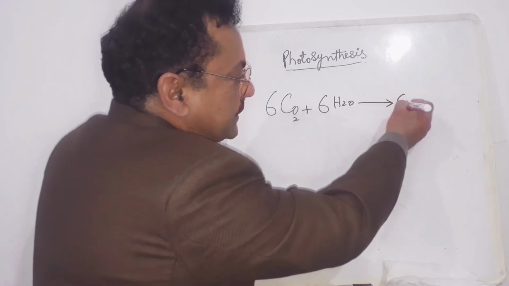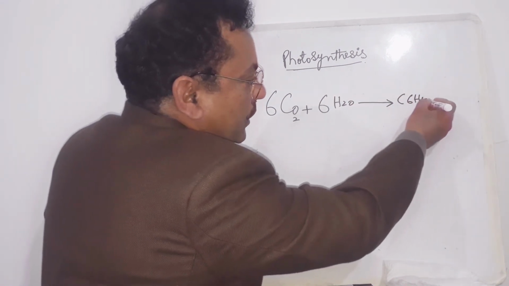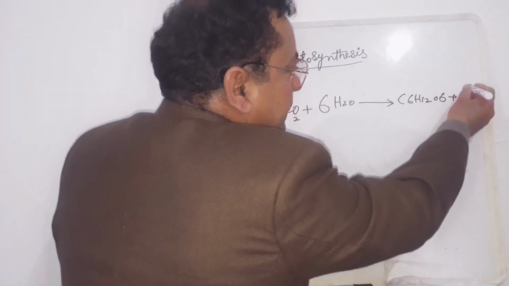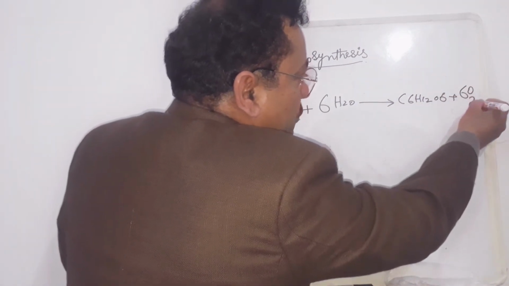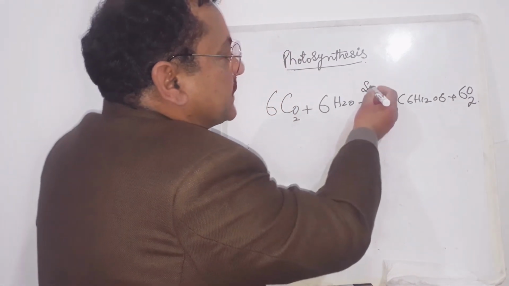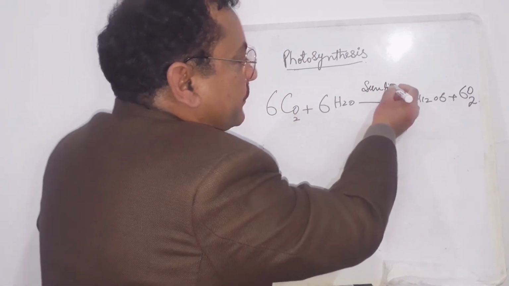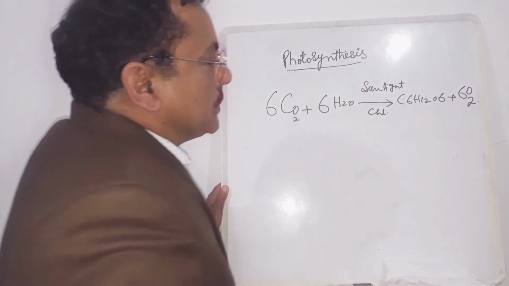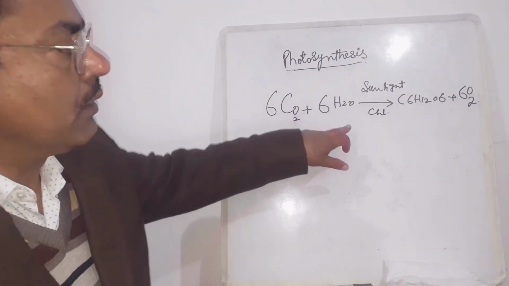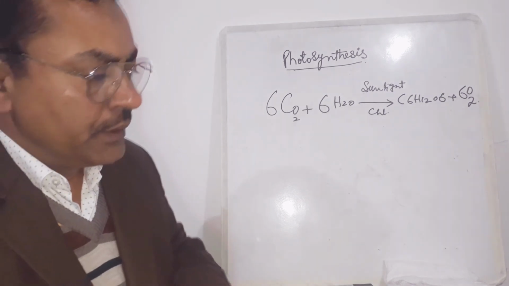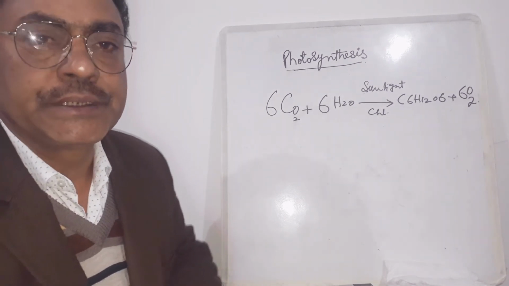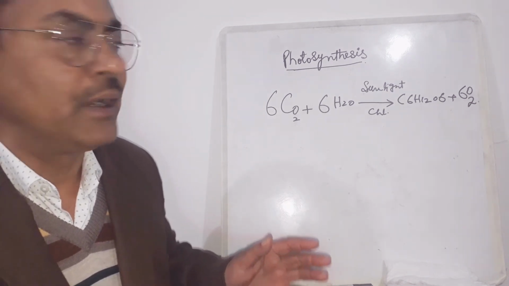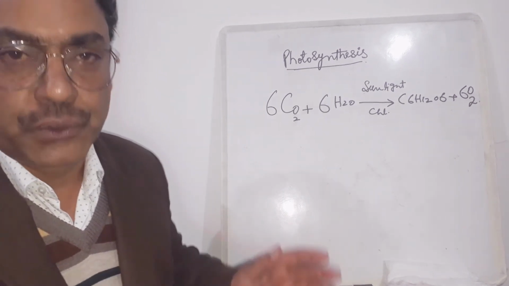This gives us C6H12O6 plus 6 times O2 in the presence of sunlight and chlorophyll. So this model of the generalized equation of photosynthesis is the oldest model of the equation of photosynthesis.